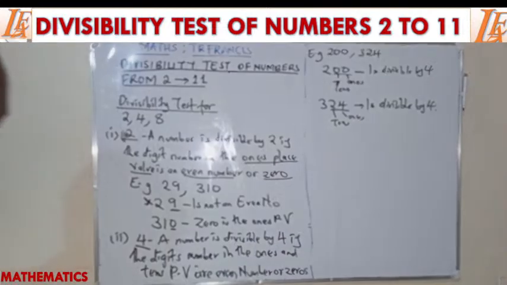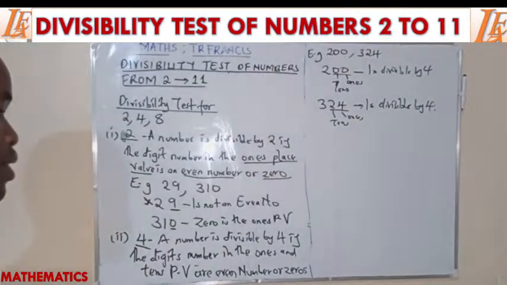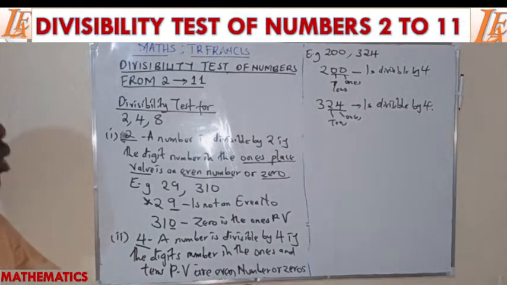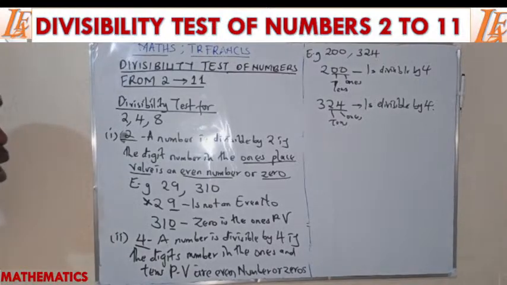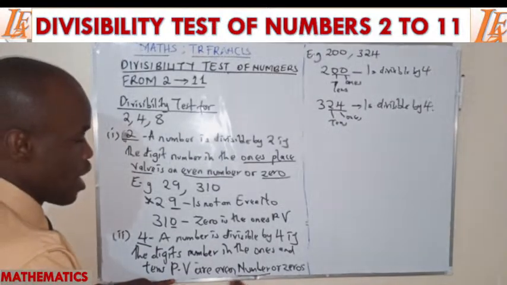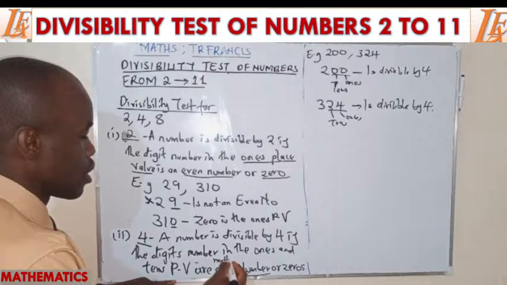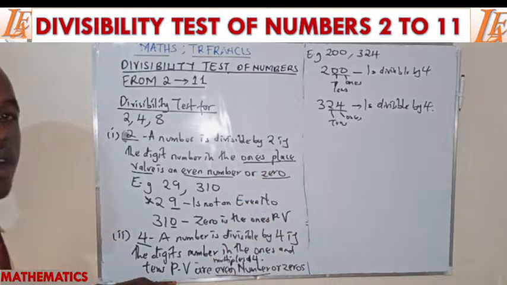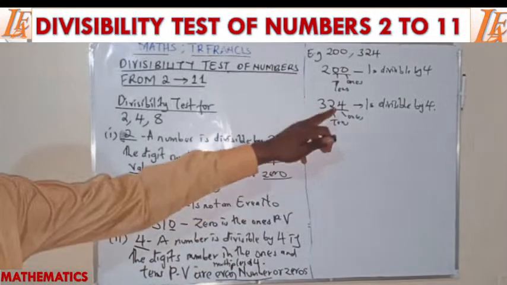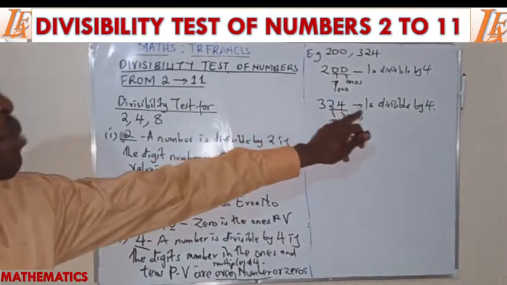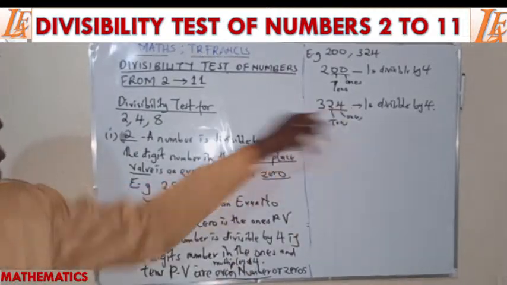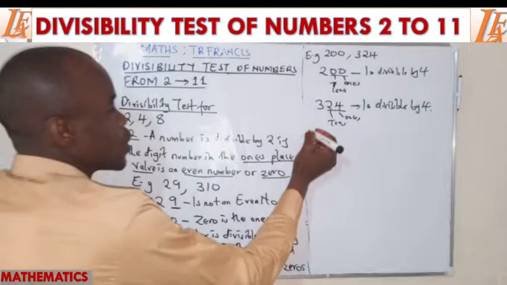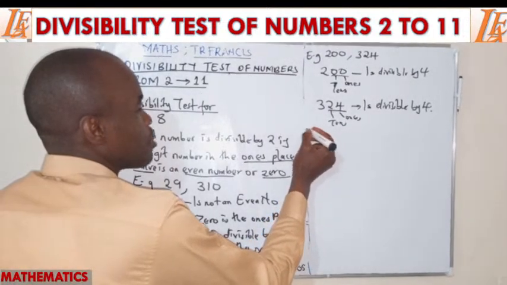A number is divisible by 4 if the digits in the ones and the tens place value are even numbers or 0, and these form multiples of 4. In this case, we have 2 and 4 forming 24, which is a multiple of 4, so the entire number is divisible by 4.